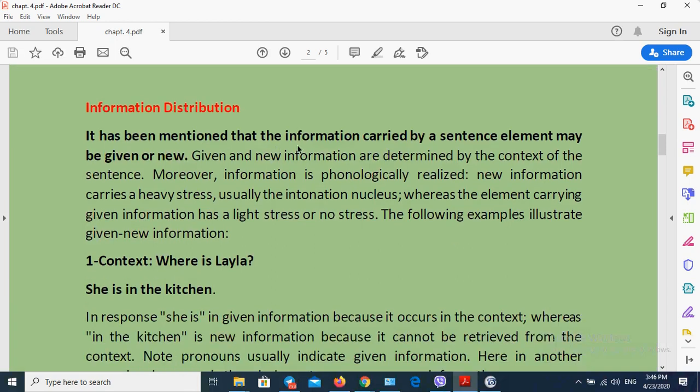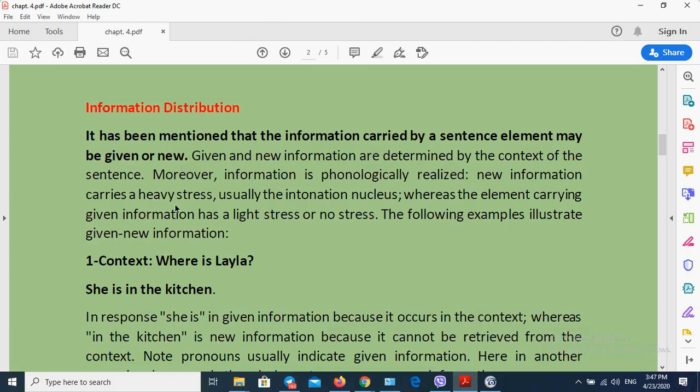It has been mentioned that the information carried by a sentence element may be given or new. As we discussed previously, we have given information and new information. What is given and new is determined by the context of the sentence. Moreover, information is phonologically realized, according to phonetics.